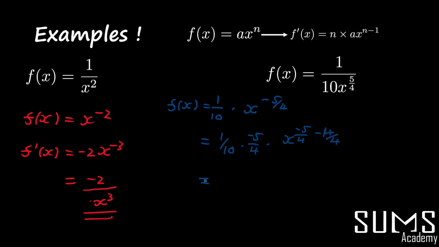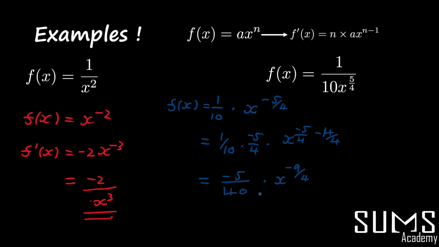So what does that equal? So we've got minus 5, 1 times minus 5, over 10 times 4, which is 40. And then this is times by x to the power of minus 5 minus 4, which is just minus 9 over 4.